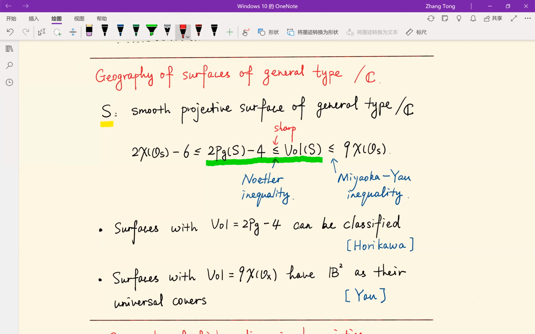And there is also an upper bound, which is called the Miyaoka-Yau inequality. It says that the canonical volume of a surface of general type is bounded from above by 9 times the Euler characteristic. And this inequality is also sharp, it's optimal.